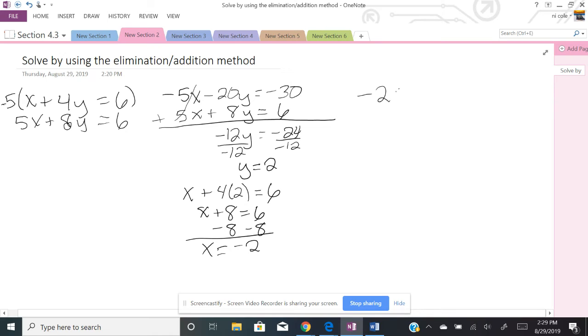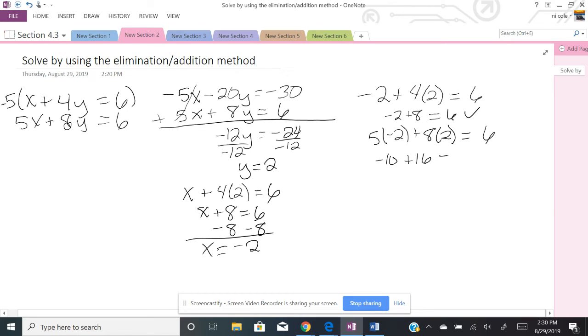Is negative 2 plus 4 times 2 equal to 6? Negative 2 plus 8 equals 6. That checks. Is 5 times negative 2 plus 8 times 2 equal to 6? Negative 10 plus 16 equals 6. That checks too. Wonderful. No more mistakes on my behalf this time.